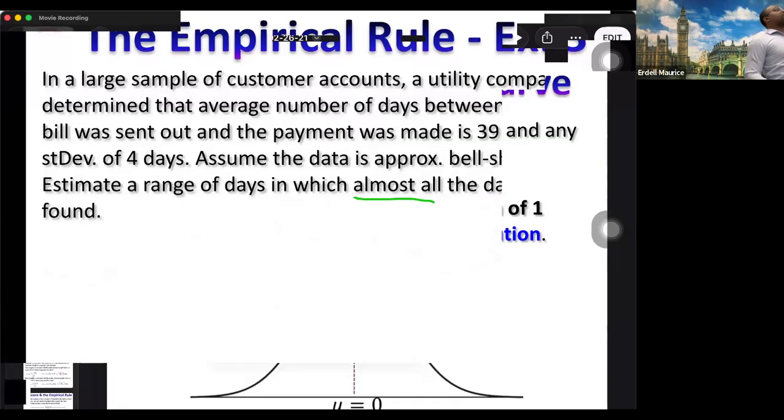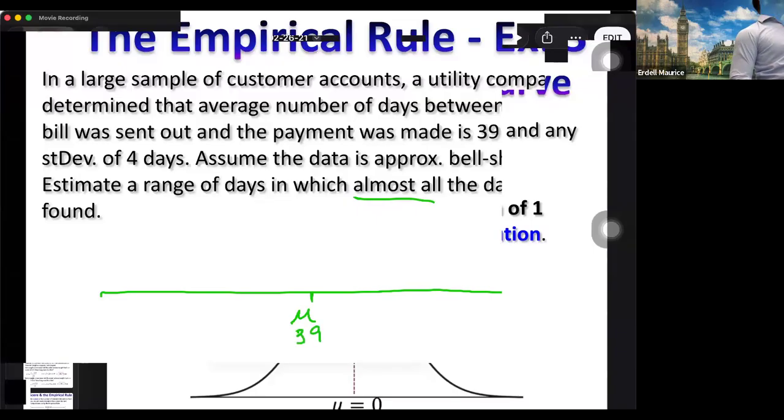And if you guys remember, for the empirical rule, we're just using a number line, yes? So I will draw my number line right here. What comes at the center of my number line? What's my mean? 39 days. Yes? Now what's my standard deviation? 4. So one standard deviation above, that's going to be 43, yes? Two standard deviations, that's going to be 47. 3 standard deviations above the mean, that's going to be 51.